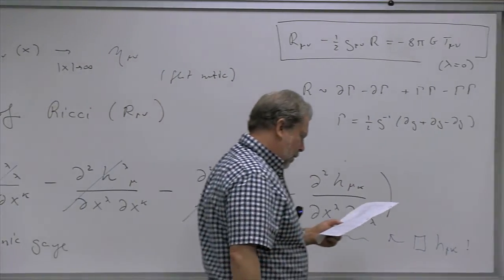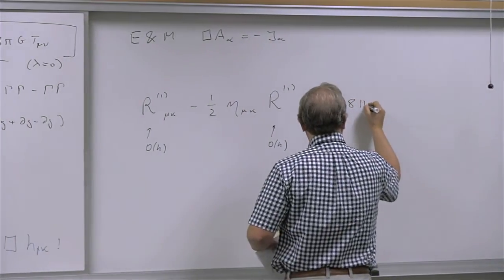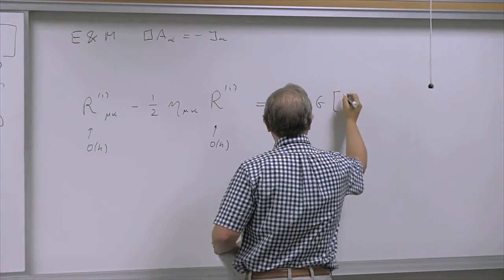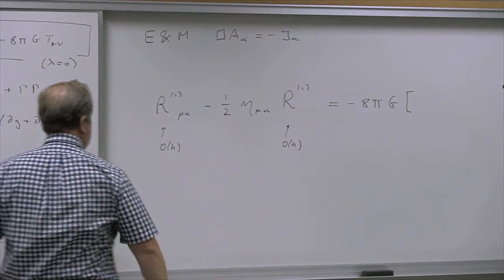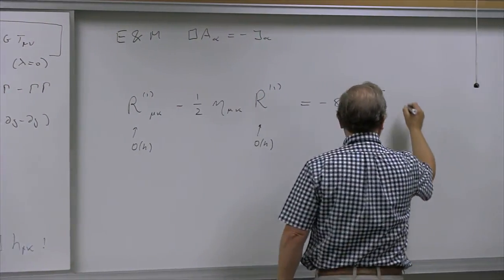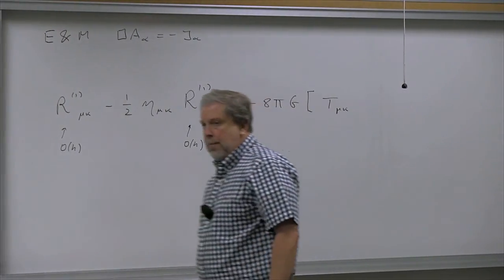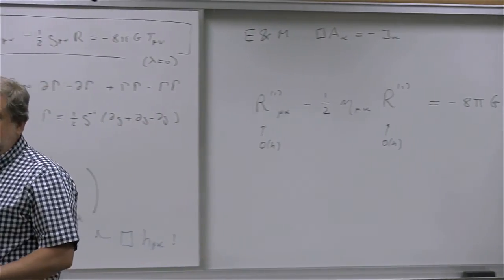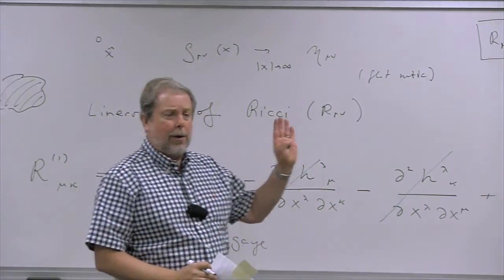And we're going to write this as minus 8 pi G times, well, we certainly have the T mu nu. The indices here are mu k, but other than that, it's the same thing. So T mu k. But of course, if we stop there, then that's not the whole equation. So what do we have to add on the right-hand side?